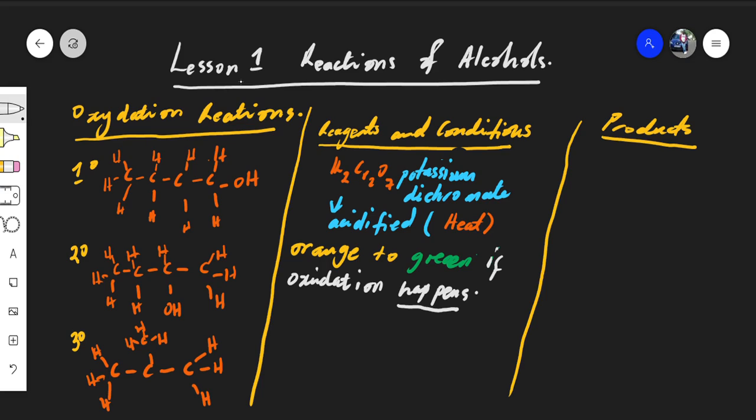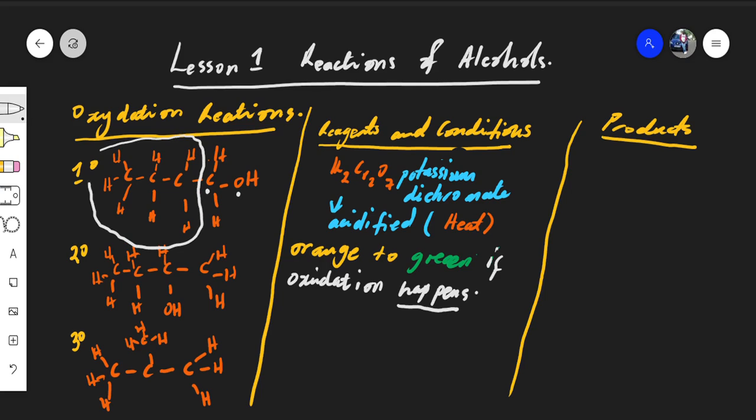Just to recap, a primary alcohol has an OH group bonded to a carbon that is bonded to an alkyl group.